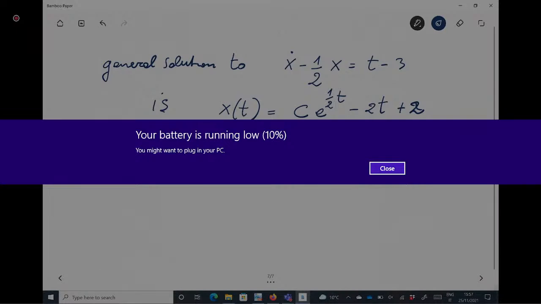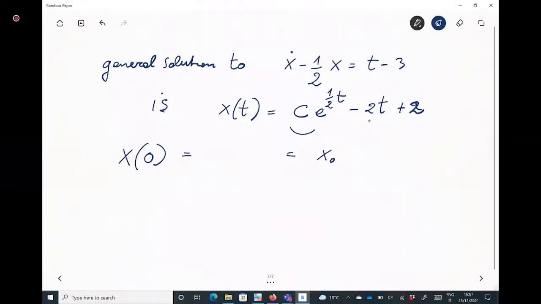In order to find the meaning of C, we have to impose x0 given. We want x0 to be equal to x0 given. When t is equal to 0, this becomes C, this is 0, plus 2, C plus 2. This must be equal to x0, so C is equal to x0 minus 2.